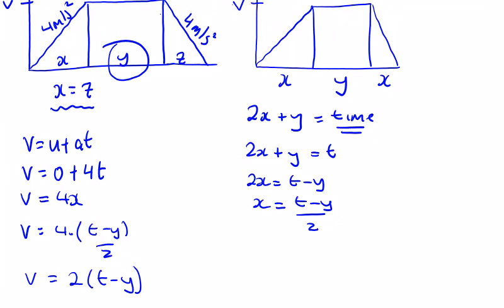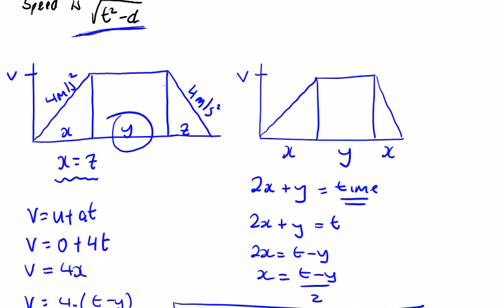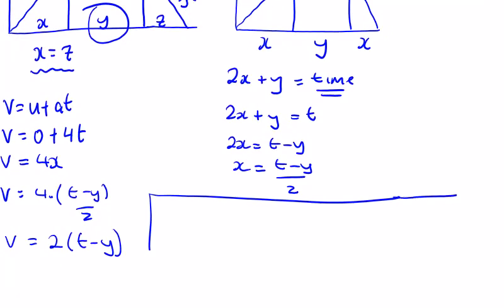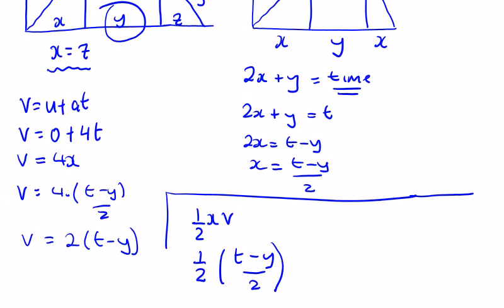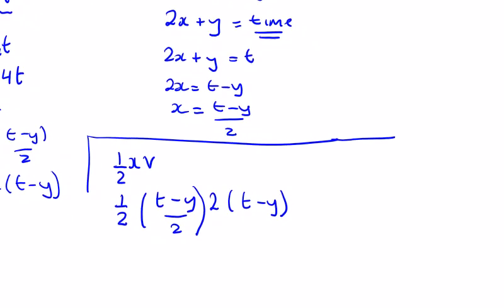So let's have a look here now. The 3 areas are equal to d. And what are they looking for? They're looking for the square root of t squared minus d. Okay, so the area of the first one, half x by v, is equal to a half t minus y over 2 times this guy, 2 times t minus y. That's a half xv.